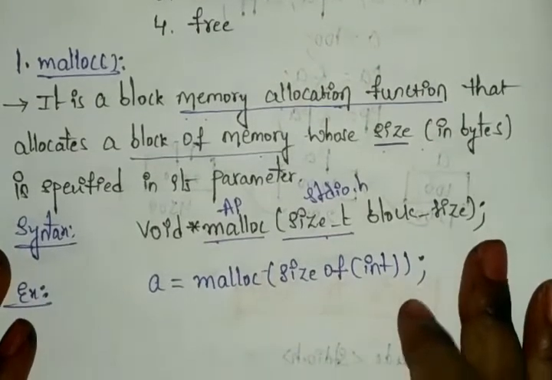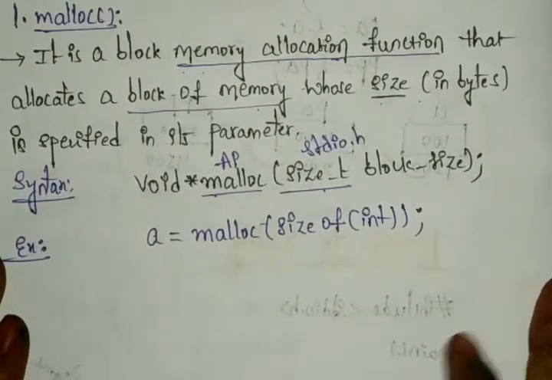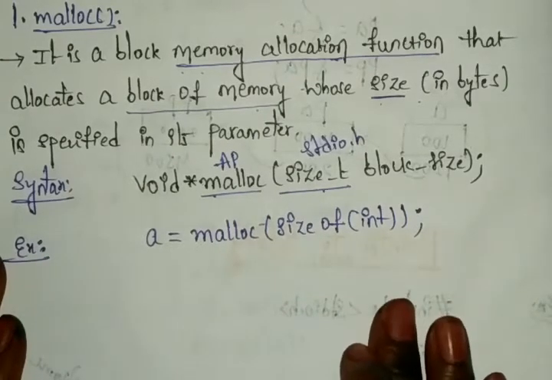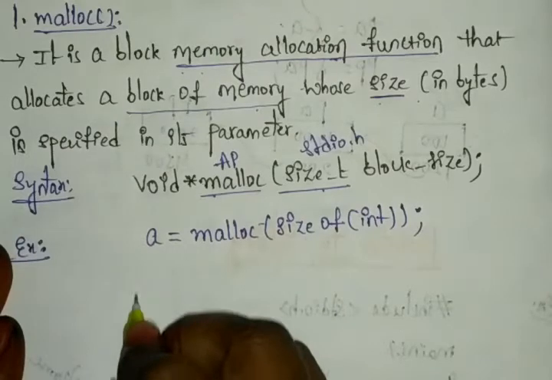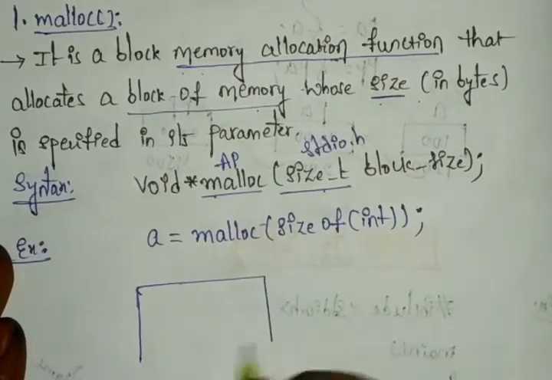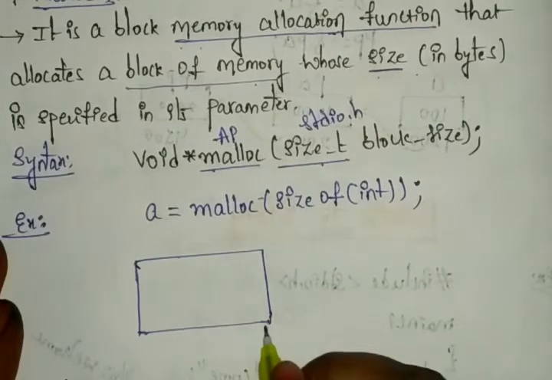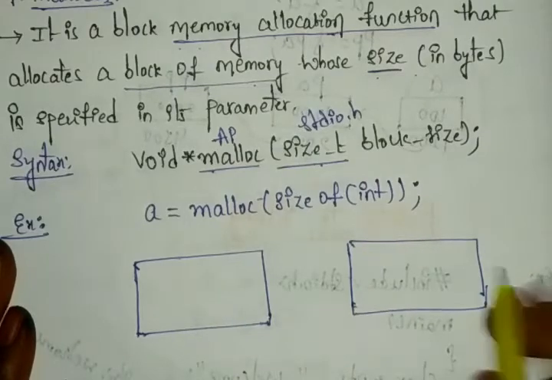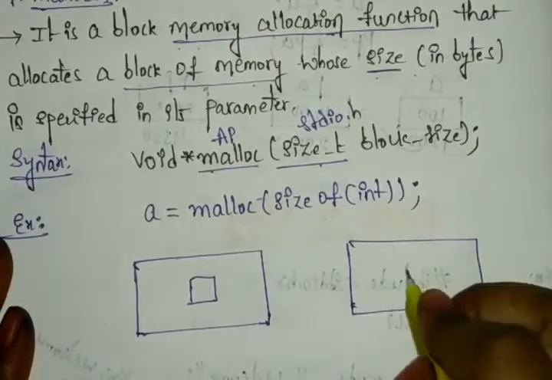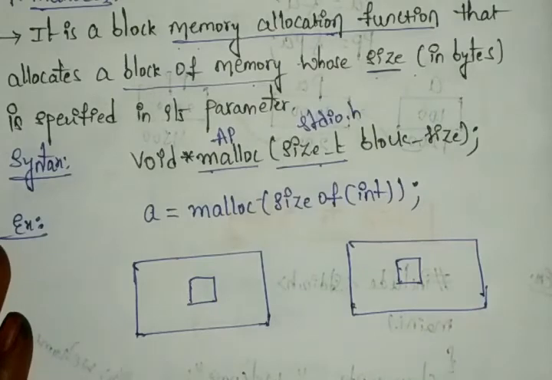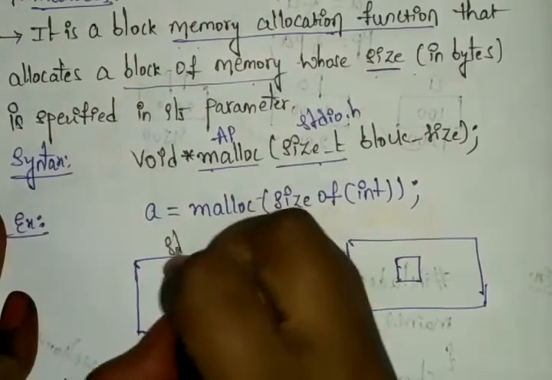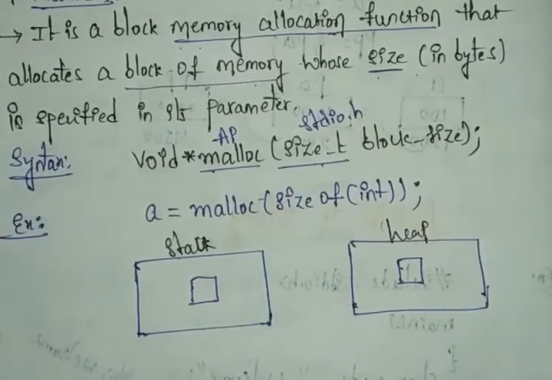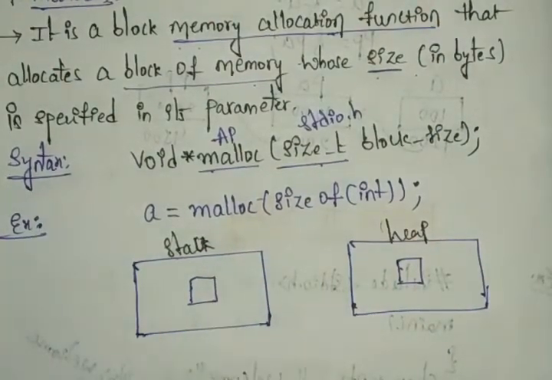Okay, so if you perform this, the process is allocated from the stack to the heap. Let's see how it will be performed. Here you will have the stack, and you have another one, that is the heap. You can observe clearly that the stack has the variables, right?